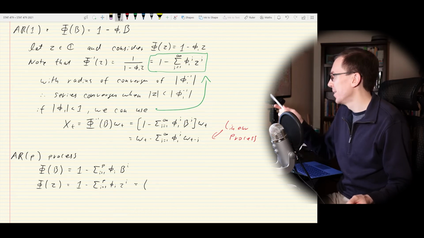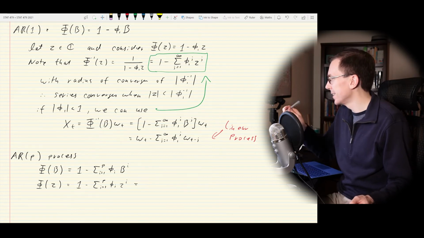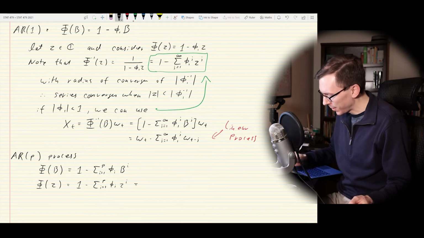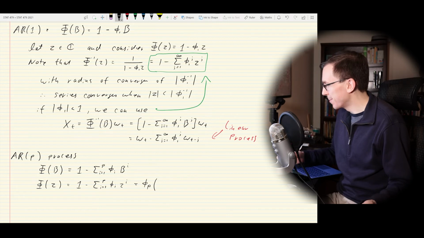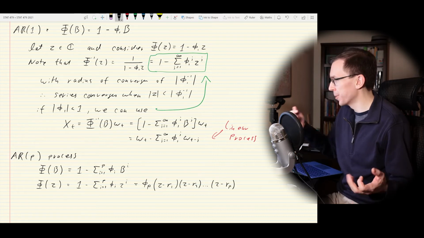In this case, there are a couple of things I need to do here. The first thing I need to do is factor out the phi sub p. And then what I'm going to get is a bunch of z minus r1, which is the first root, z minus r2, the second root, all the way up to z minus rp, the pth root.